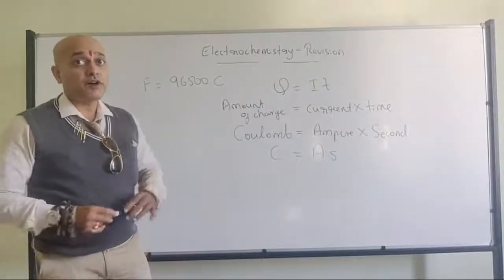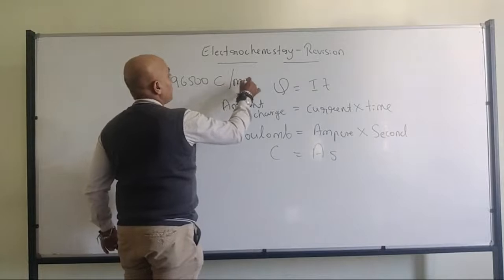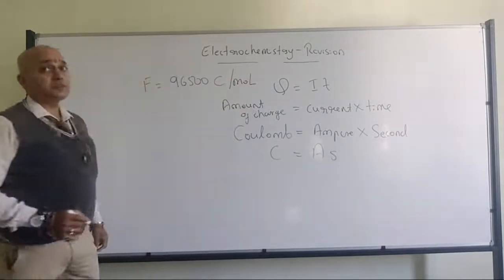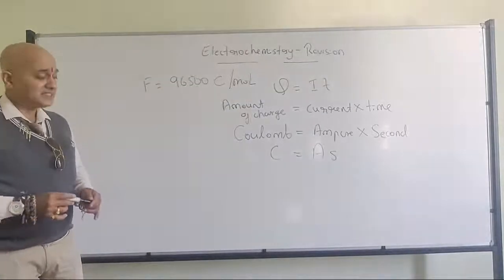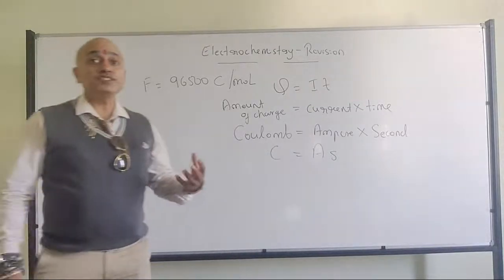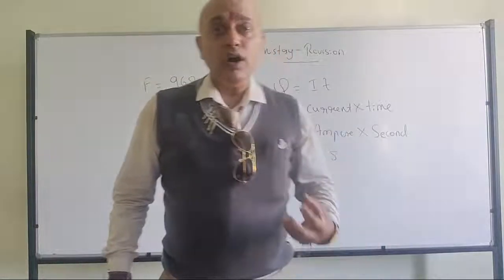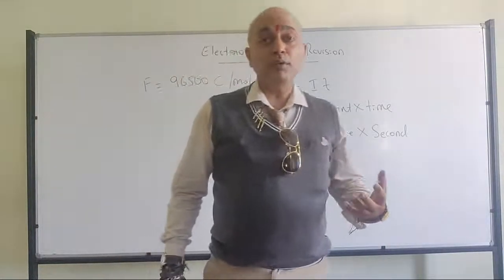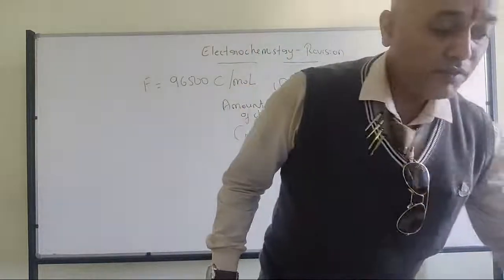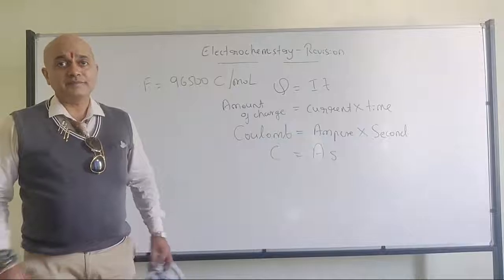Now, further if I want to write, I will write it as coulombs per mole. That means Faraday constant is nothing but the amount of charge present in 1 mole of ions or 1 mole of electrons. That will be more appropriate.